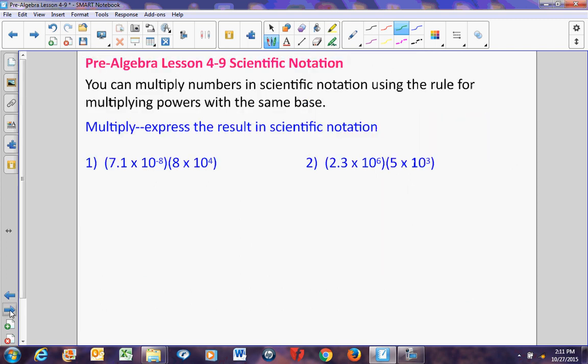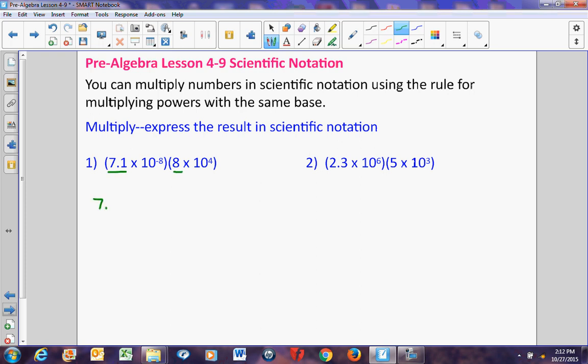Last but not least, you can multiply numbers in scientific notation using the rule for multiplying powers with the same base. I basically was doing that just a minute ago. If I multiply, I'm going to express my result in scientific notation. If I have 7.1 times 10 to the negative 8, and I'm going to multiply that by 8 times 10 to the 4th. Equate the number part, that would be the 7.1 and the 8.